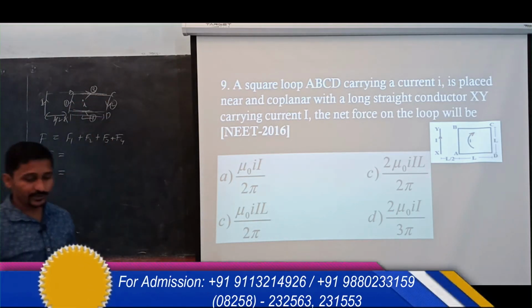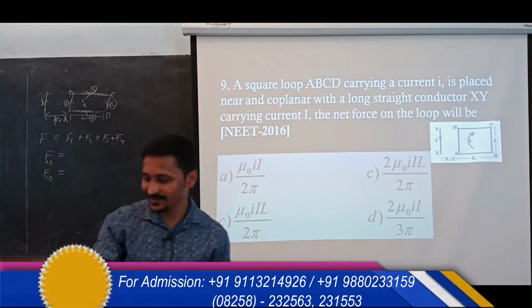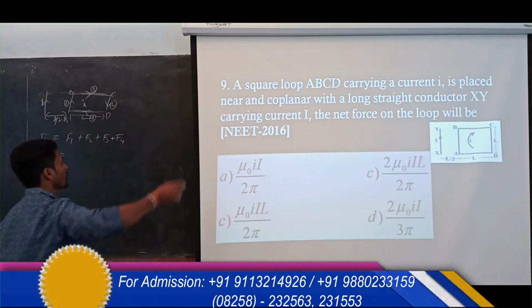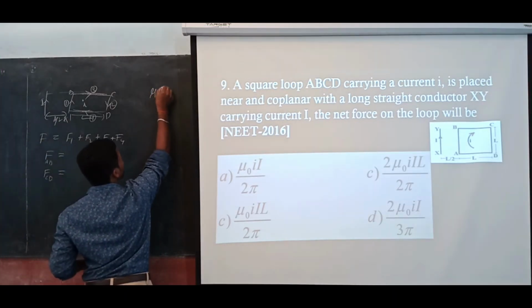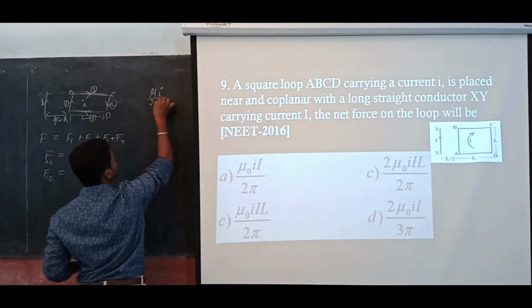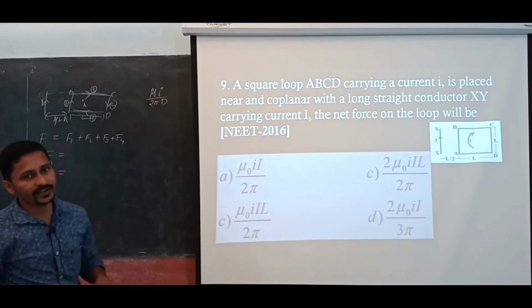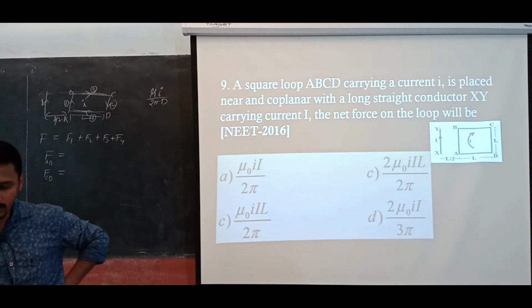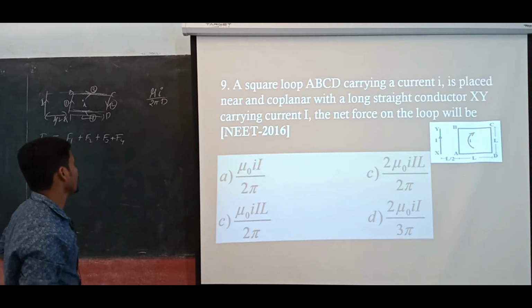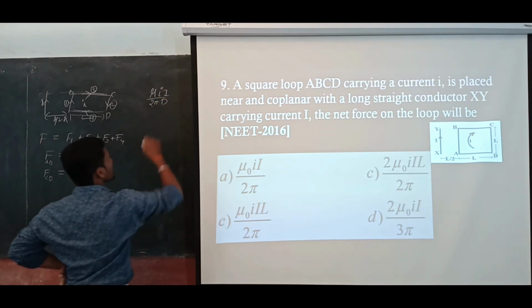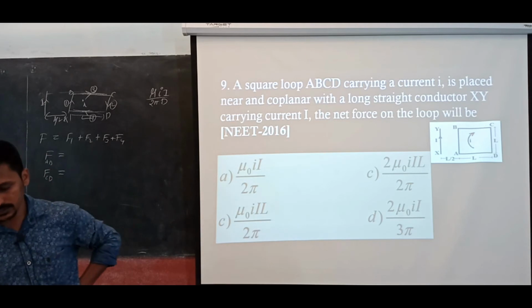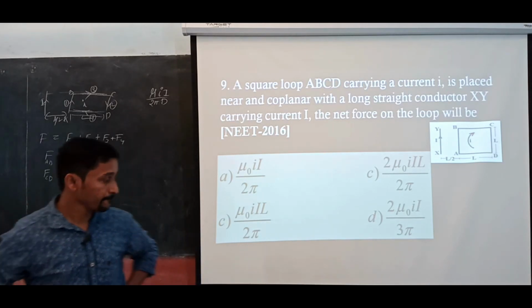So before that, tell me the formula for the force experienced by the conductor, that we know: mu into I divided by 2 pi d, isn't it? Mu into I divided by 2 pi d. Okay. Because both the currents are there.